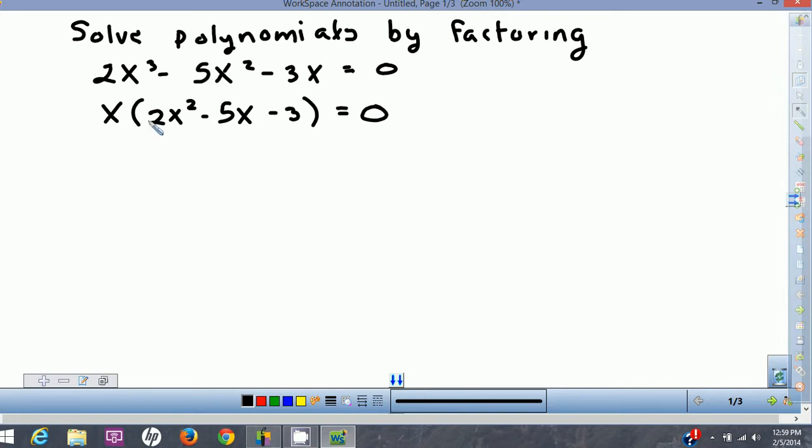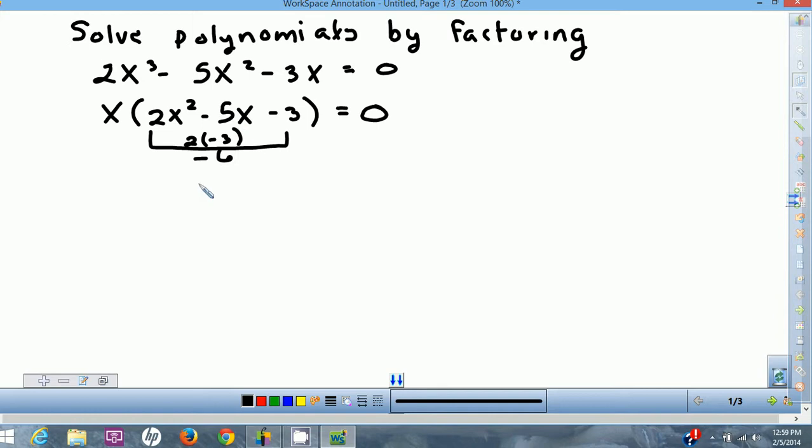Well, I still don't have a value where a is equal to 1, and I have no more common factors. So let's review our method for factoring that type of quadratic. We can multiply a times c, so 2 times negative 3, and that gives me negative 6. I'm just multiplying those two terms together. So I now need two factors which multiply to give me negative 6 and add to give me negative 5.